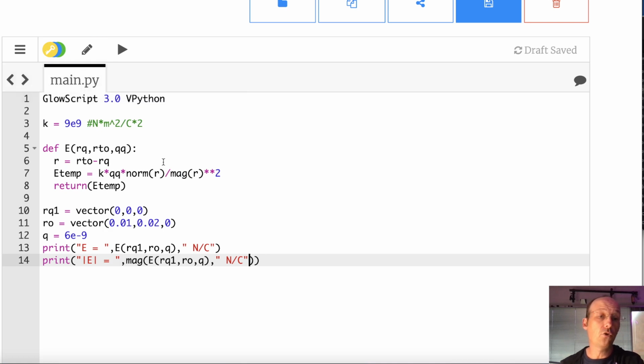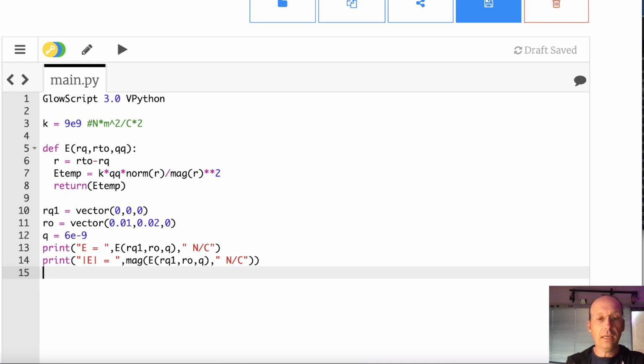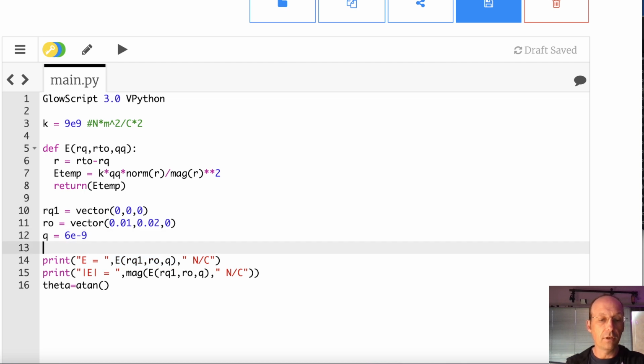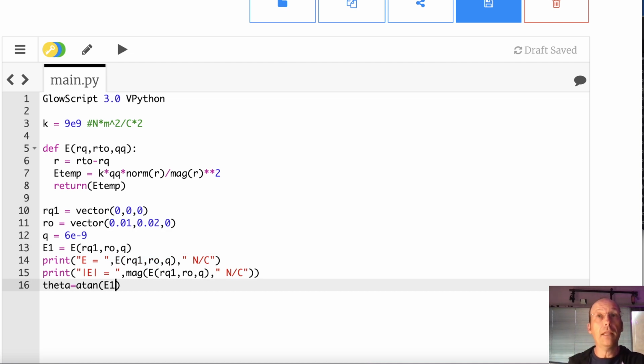And then finally, it could ask for the angle. This one's a little tricky, but let's say theta is going to be the arctangent of, oh, let's call it E1, just so I don't have to. E1 equals that. Arctangent of the y component divided by the x component, so it's E1.y divided by E1.x.